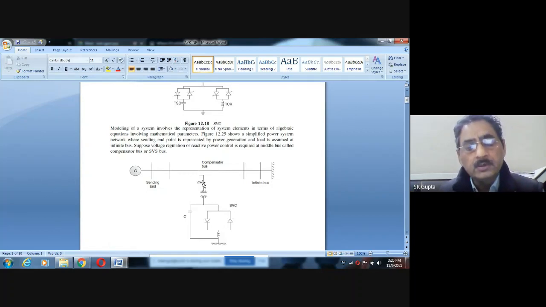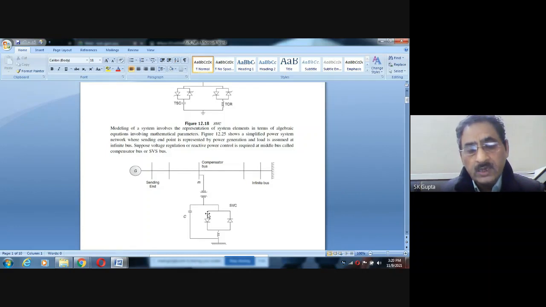Reactive power is V square by X, and X is varying, but V is also not fixed. We want to maintain V as a constant, so we cannot assume the voltage of this bus as a constant. So it cannot be a PV bus.